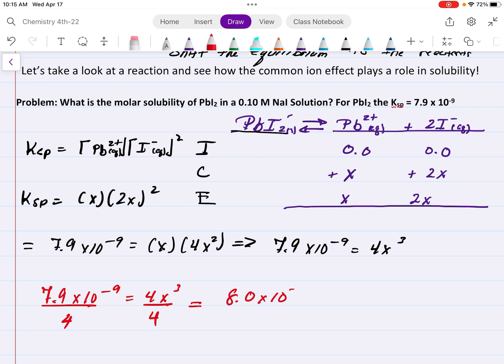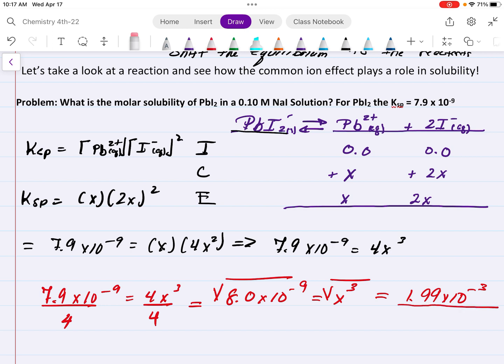That equals 2.0 times 10 to the negative 9. That's going to be equal to x cubed. And then if I take the cube root of both sides, I end up with 1.99 times 10 to the negative 3 M.